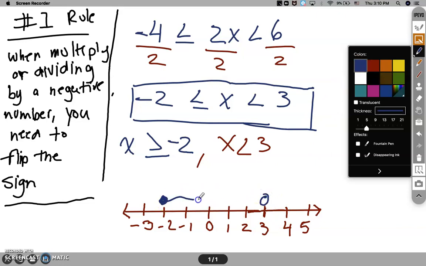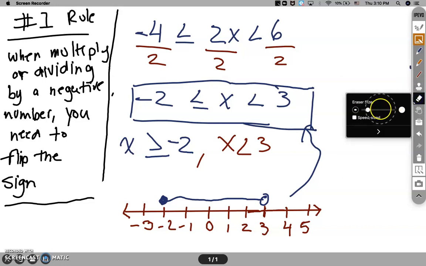Then I'm going to connect this, because that means this inequality will satisfy any values between -2, including -2, and 3, because we're not including 3, because it is not solid, right? So this will satisfy this inequality, okay?